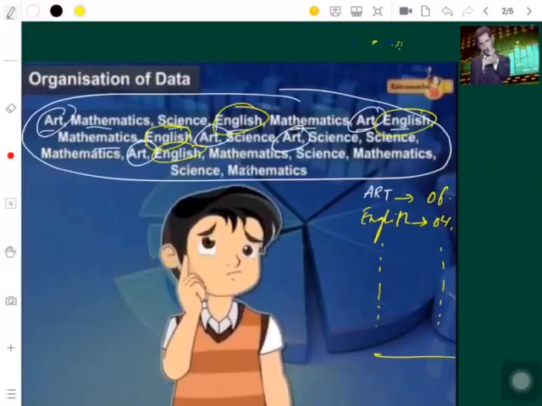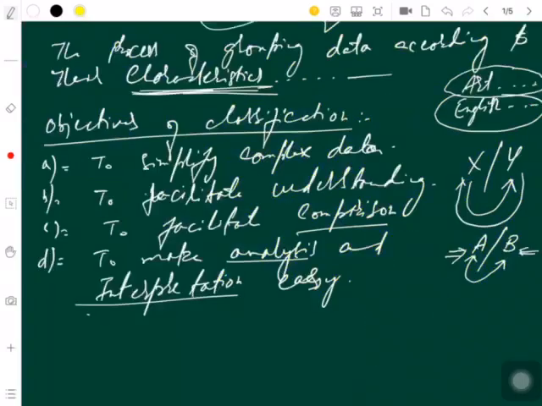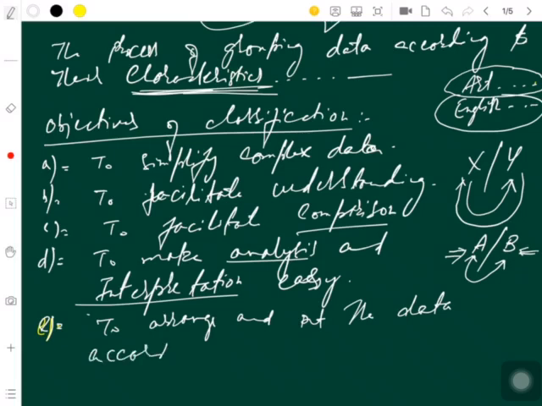So after interpretation of the data, we will talk of one more thing, that is to arrange and put the data according to their common characteristics.